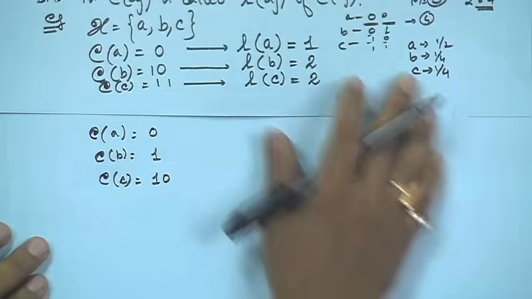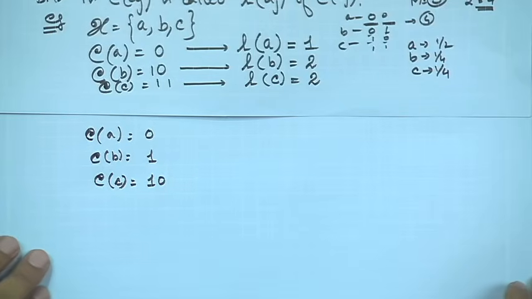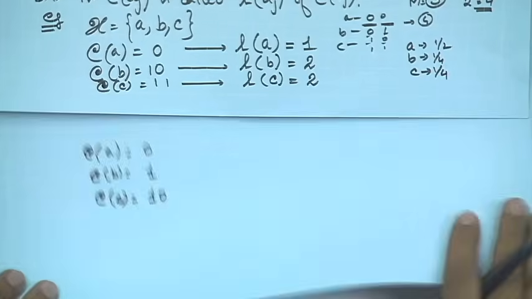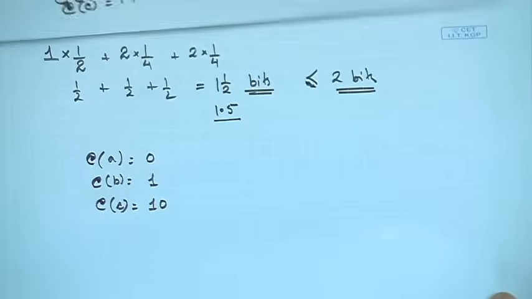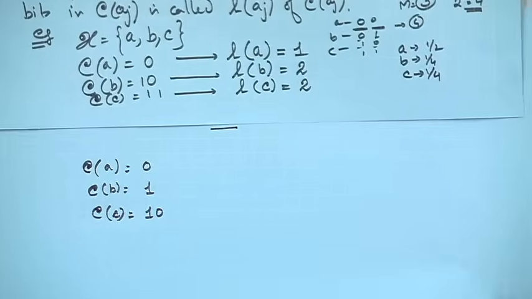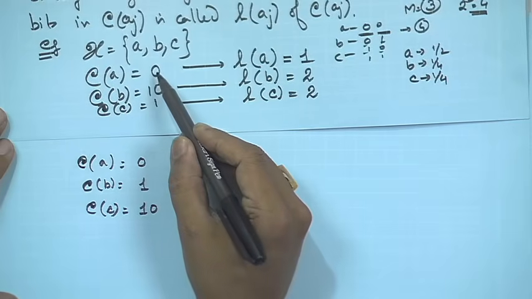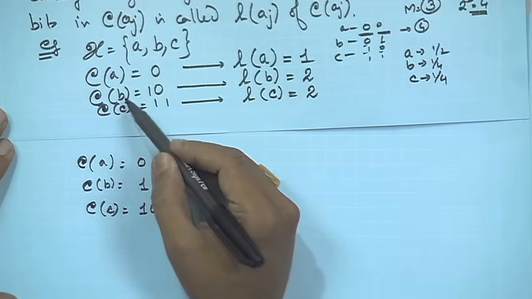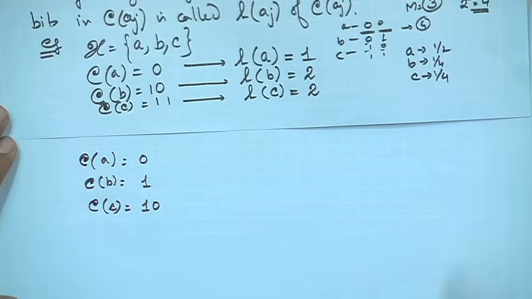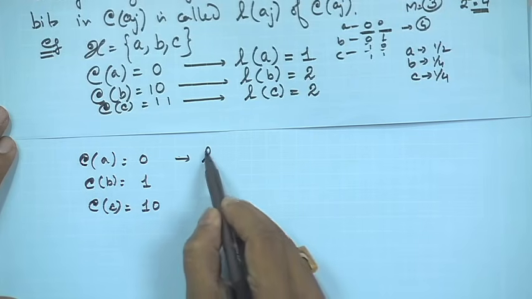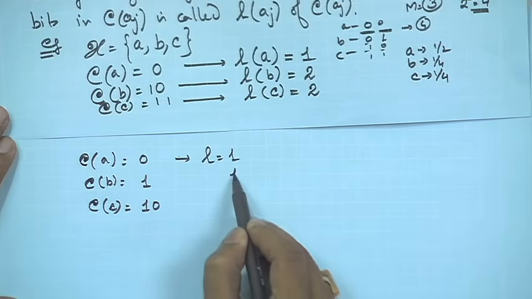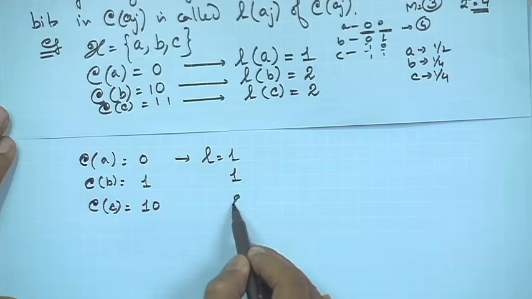What is the problem or what is the advantage? Previously we had one code with 1 bit and 2 codes with 2 bits. Now we have a better situation. This has a length of 1, this is a length of 1, this is a length of 2.